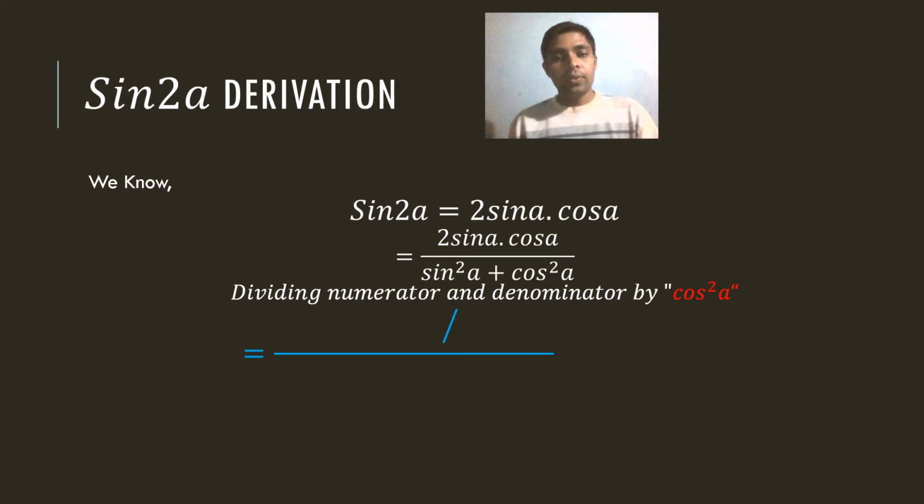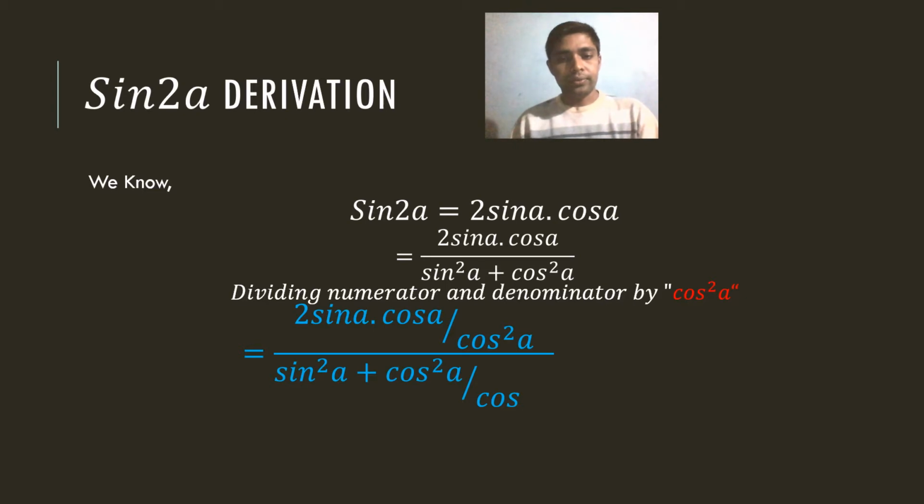So we get 2 sin a cos a upon cos square a, and in the denominator sin square a plus cos square a upon cos square a. That is, in the numerator we get 2 tan a, and in the denominator we get 1 plus tan square a.